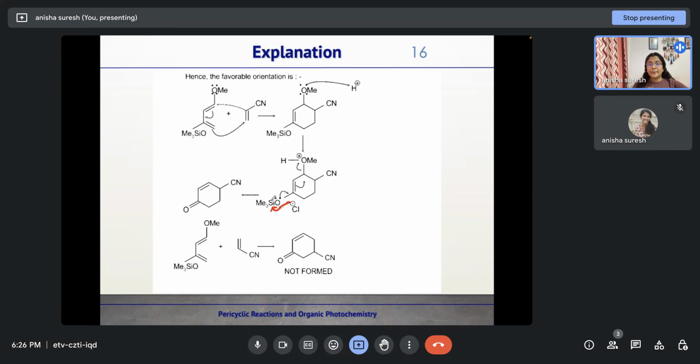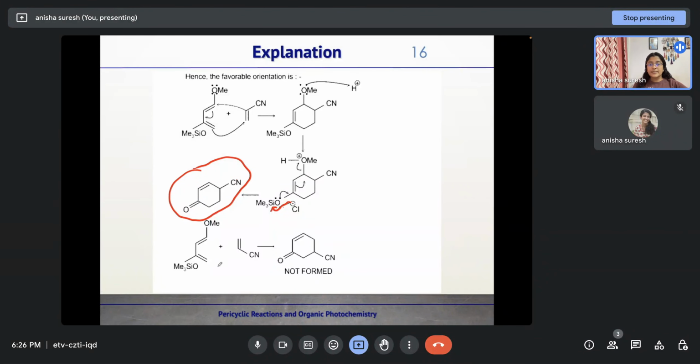So this bond will break and this double bond will shift here, and the methanol will be eliminated. So we will get a ketone here and a double bond here. That is, an enone will be generated, and the cyano will be remaining without any effect from acid. So this is the product that we will get.